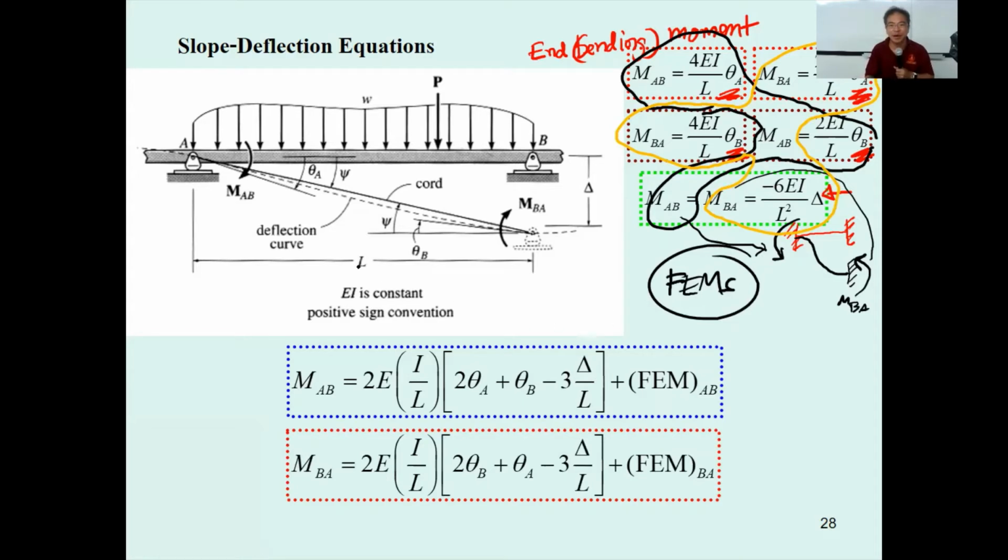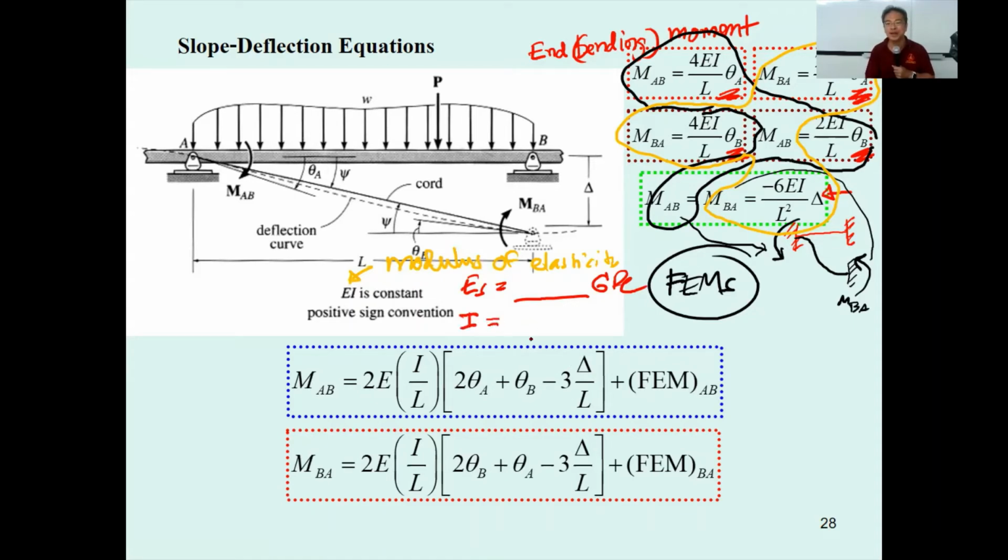This is going to be E. E is going to be the modulus of elasticity. If we have the E for the steel, how much is this? You know that, right? Anyone? Let's go to sleep. If you have the I, what is it?